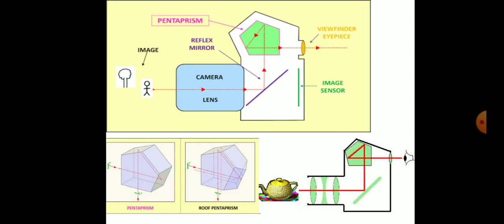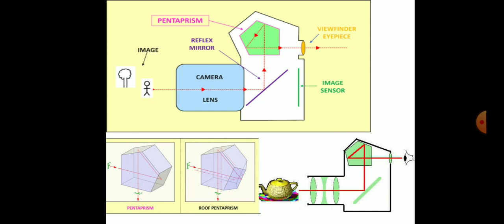So here again we are observing the anatomy of a camera, where the same error can happen as in viewfinder or rangefinder cameras. Like over here, the eyepiece is above the lens.